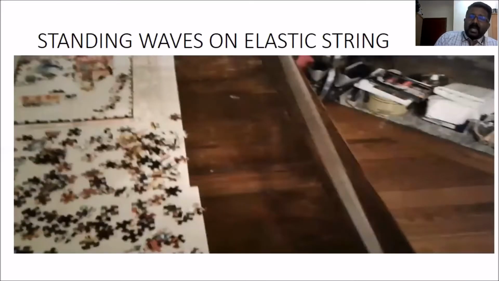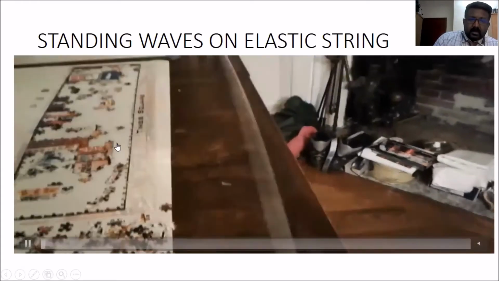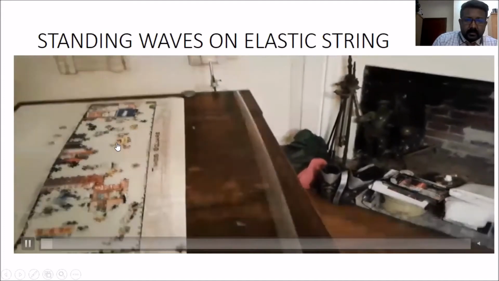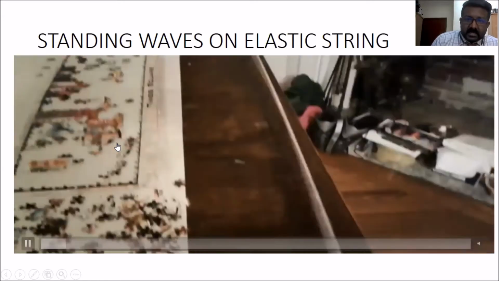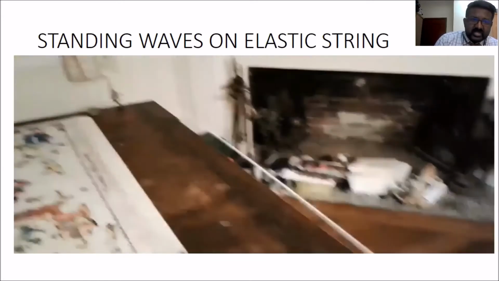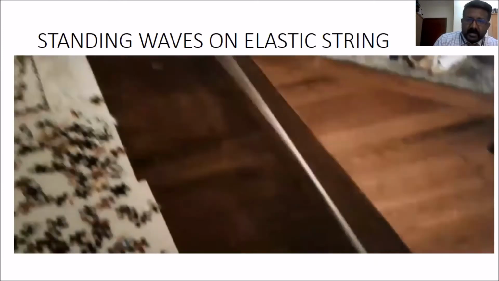Standing waves on an elastic string. First, we'll observe this. It's a video. You can see that the string is attached to a fixed end, and then the free end, the other end, is attached to a vibrator.